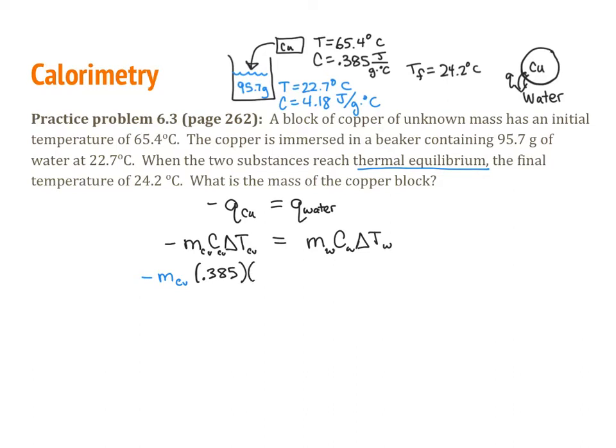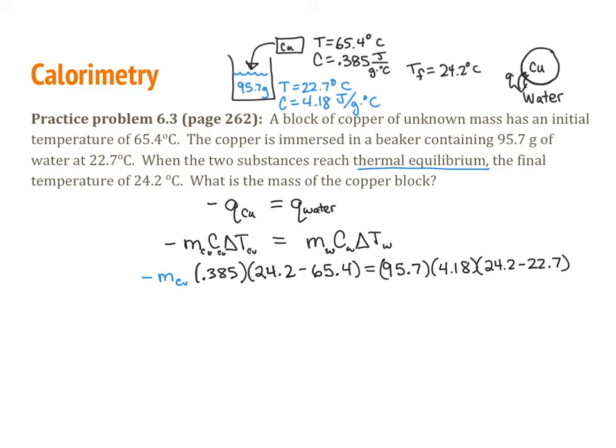The temperature change of copper: its final temperature is 24.2, and its initial temperature was 65.4. For water, the mass of water I'm given as 95.7. The heat capacity of water is 4.18, and the temperature change of water ended at 24.2 degrees, and it started at 22.7 degrees.